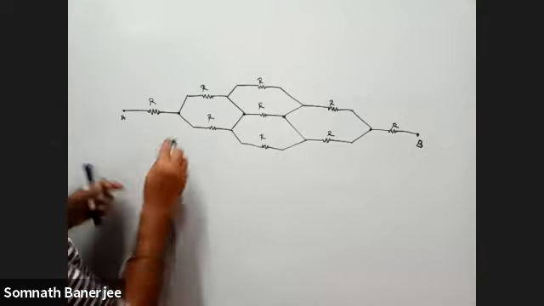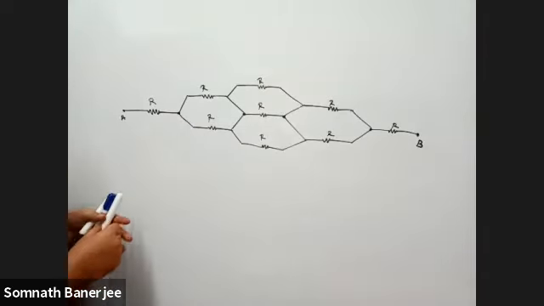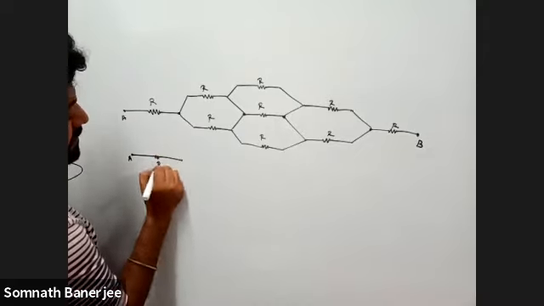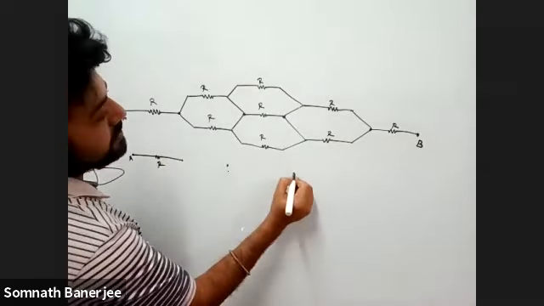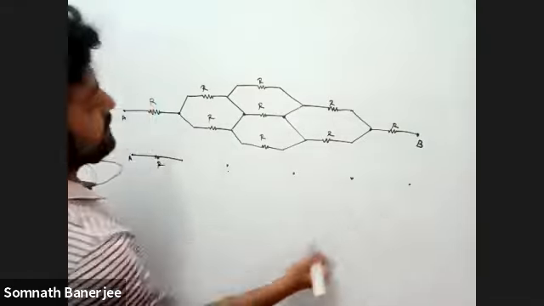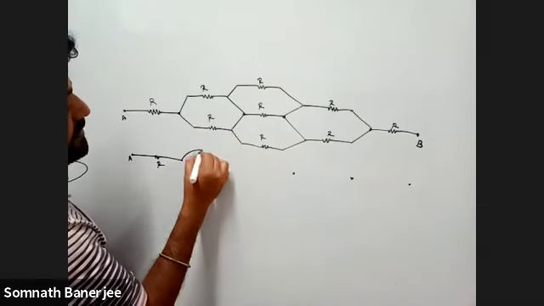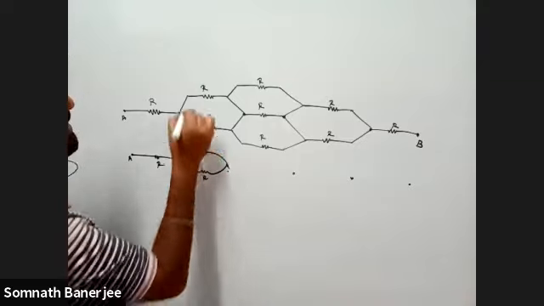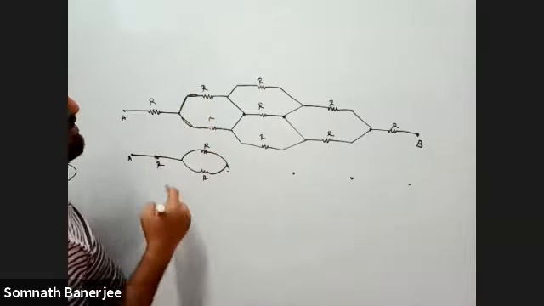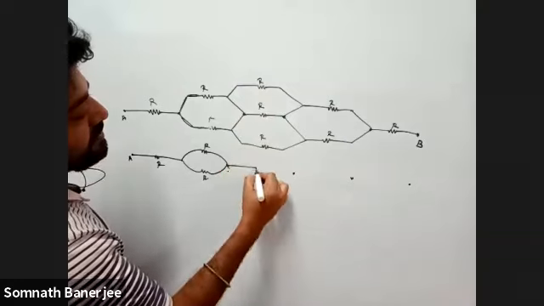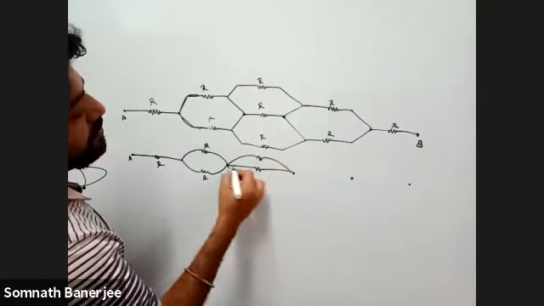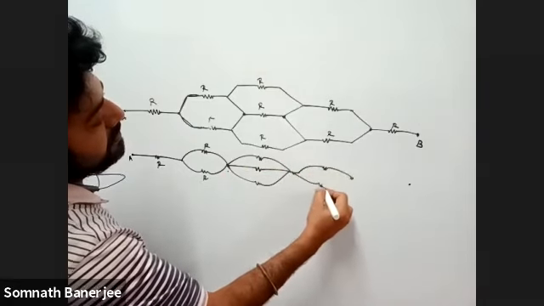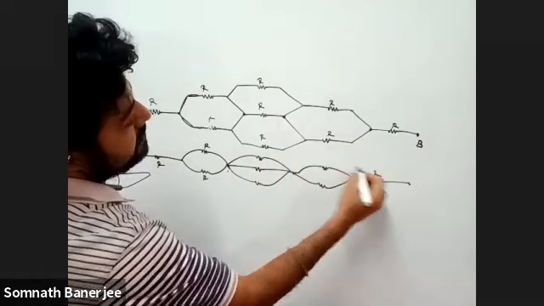Now see, if you think in that way, this is your point A, one resistance R is there, then the next point, and the next. Between these two points you have 2 resistances, so you can write R and R in parallel, same thing. Next you have 3 resistances, then 2 resistances, then 1 resistance.